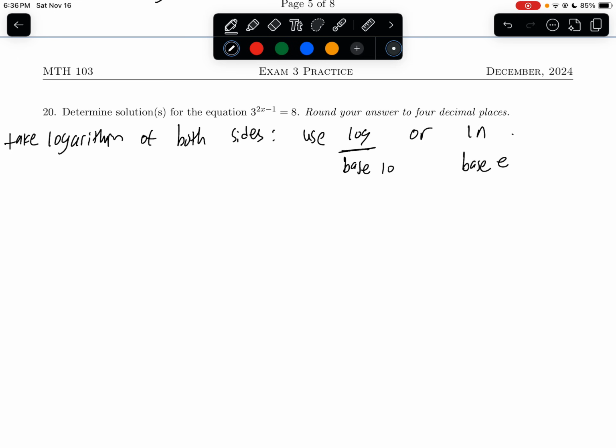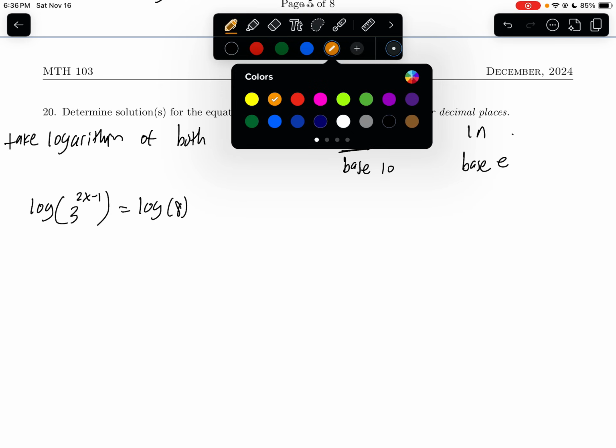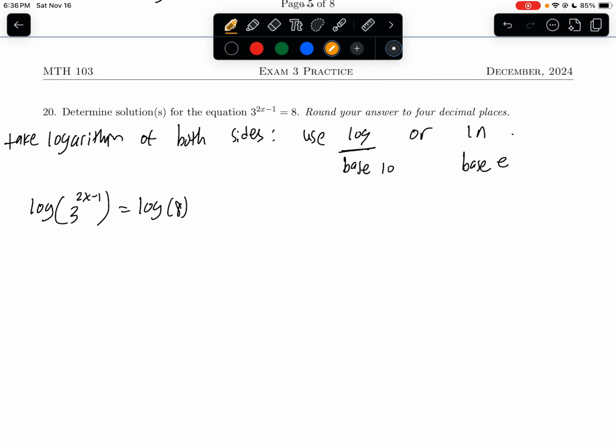Just be consistent, but you would get the same answer. It doesn't matter either way. So if you do that, 3 to the 2x minus 1 equals 8. Log of 8, do that on both sides. Now, there's no numbers multiplying the 3. I don't have, like, a 6 times this number or any other expression here. And so what I can do is take the power and move it in front.